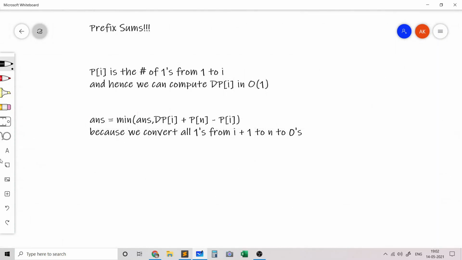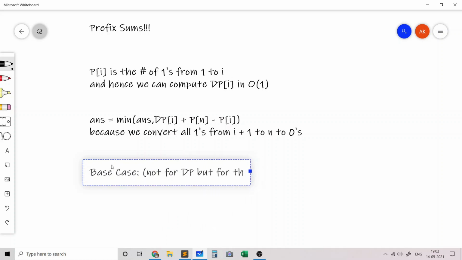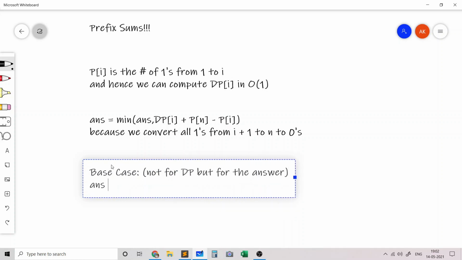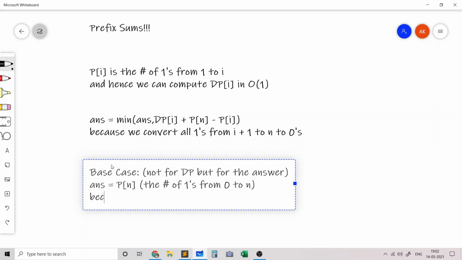And one additional thing to note is that in our base case, not in the dp state, but for the answer, it would just be initialized to prefix sum of n, which is the number of ones from 0 to n.